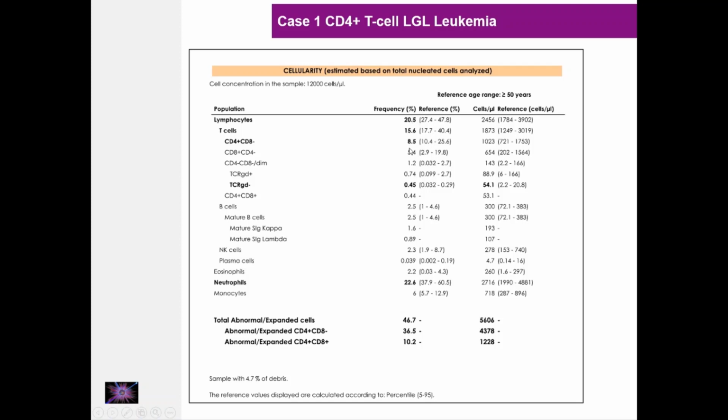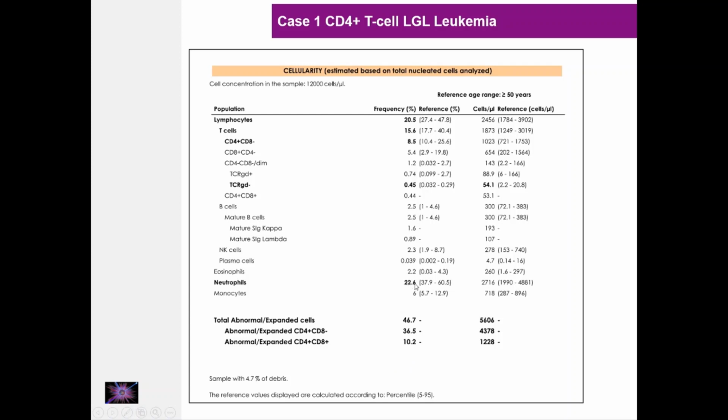These are displayed here, both their frequency and absolute numbers, and you have the reference values so that you can compare according to age, in this case more than 50 years old.